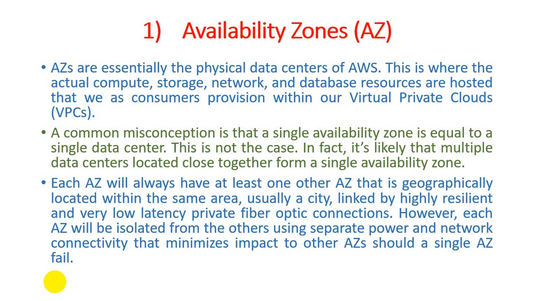Connections between two AZs are made with the help of optical connections. However, each AZ is isolated from the others using separate power and network connectivity, which minimizes the impact on other AZs should a single AZ fail, like a clone service or mirror server.